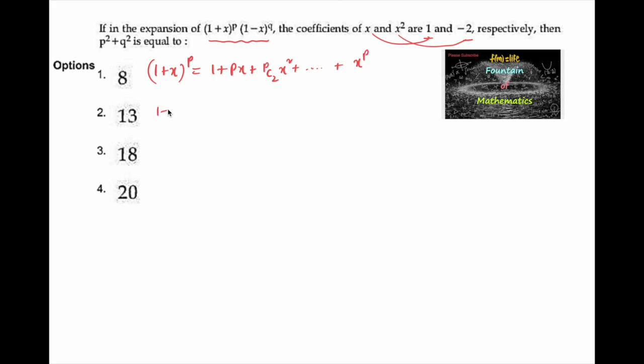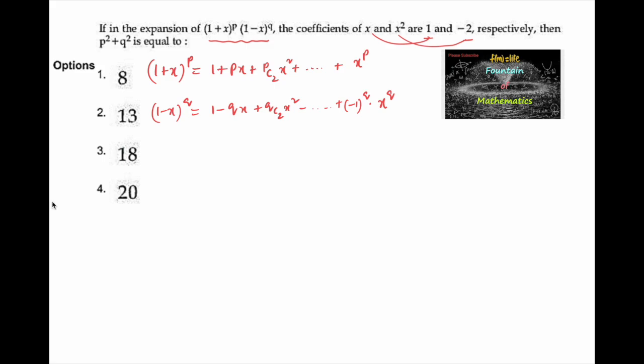Similarly, (1 - x)^q we can write as 1 minus qx plus qC2 x to the power of 2 minus and so on, plus or minus, minus 1 whole power q into x to the power of q.